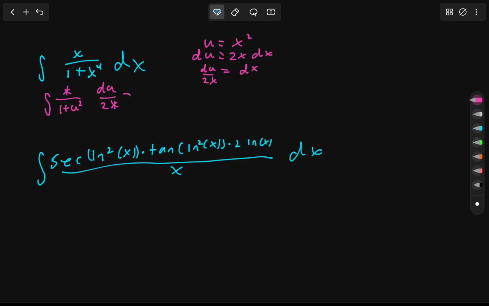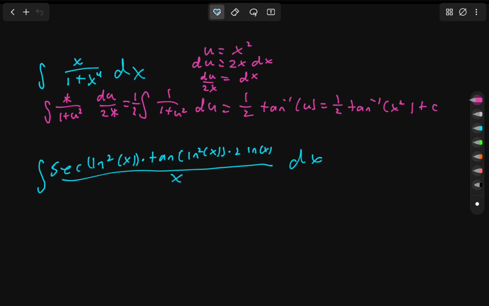So we are now really just left with 1 half the integral of 1 over 1 plus u squared du, which is the same thing as 1 half tangent inverse of u. Tangent inverse of u is equal to 1 half tangent inverse of x squared. And always remember the constant of integration c.